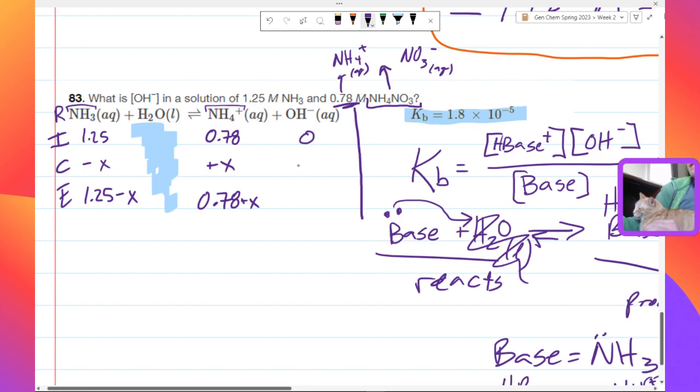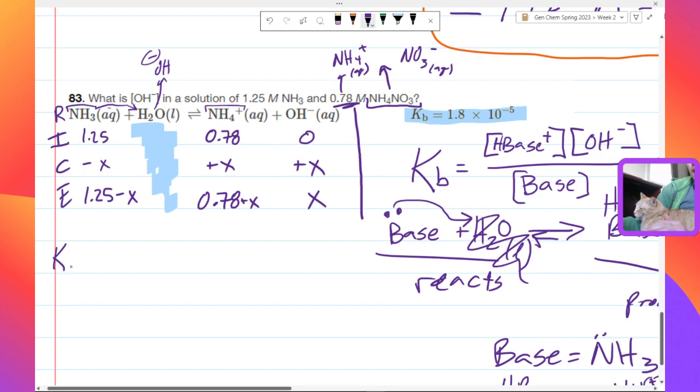And then for every time an ammonium gets created by stealing a proton from the water, what remains of the water is the hydroxide. So before anything happens, you don't have any hydroxide. But then every time that this goes down, you gain a hydroxide. So there we go.